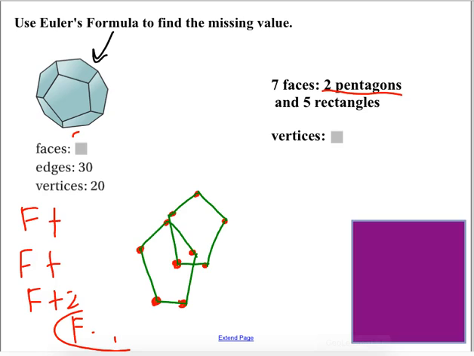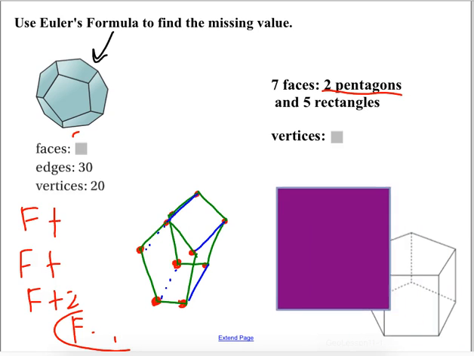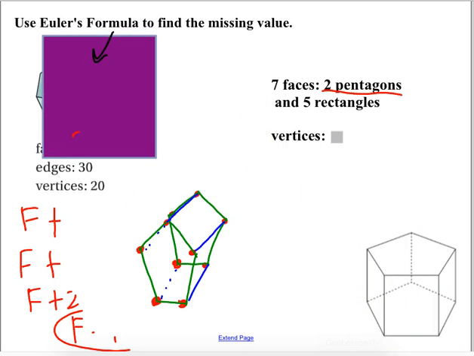Now I'm going to connect my two pentagons. So, I would say that kind of looks like a pentagonal prism. I cheated though since I knew what it was, so you guys would have an actual visual. This is what I was going for. I just flipped it on its side. But my two pentagons are my bases, and then I have 5 rectangles, choose a different color, making up my walls.